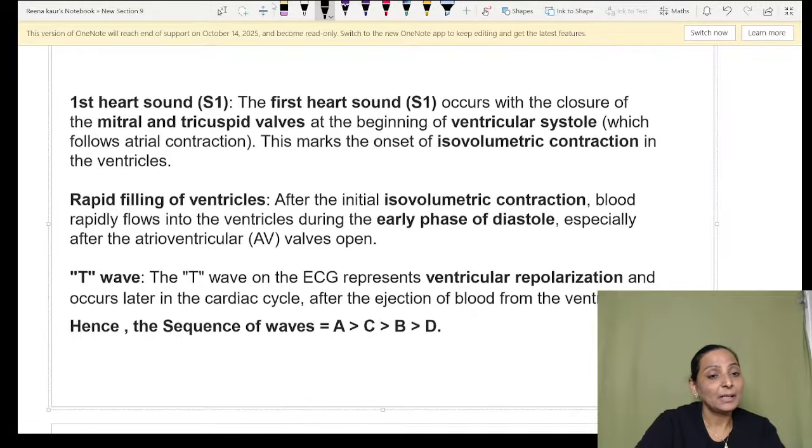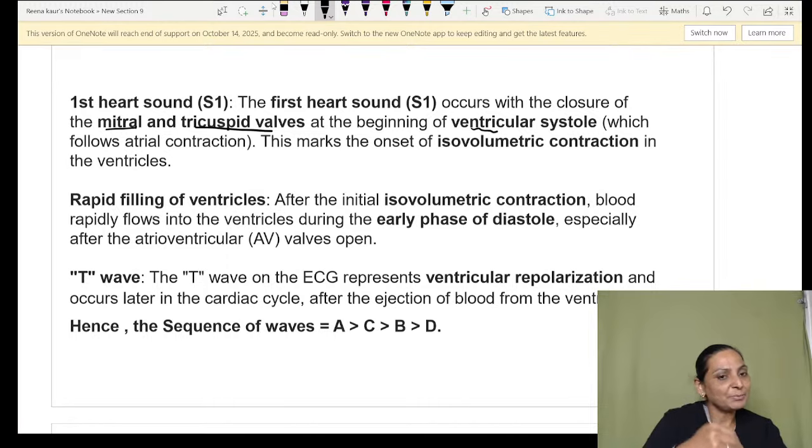Now, the first heart sound occurs with the closure of the mitral and the tricuspid valve, that is the beginning of the ventricular systole. Now remember the last part of the ventricular filling coincides with the atrial systole.